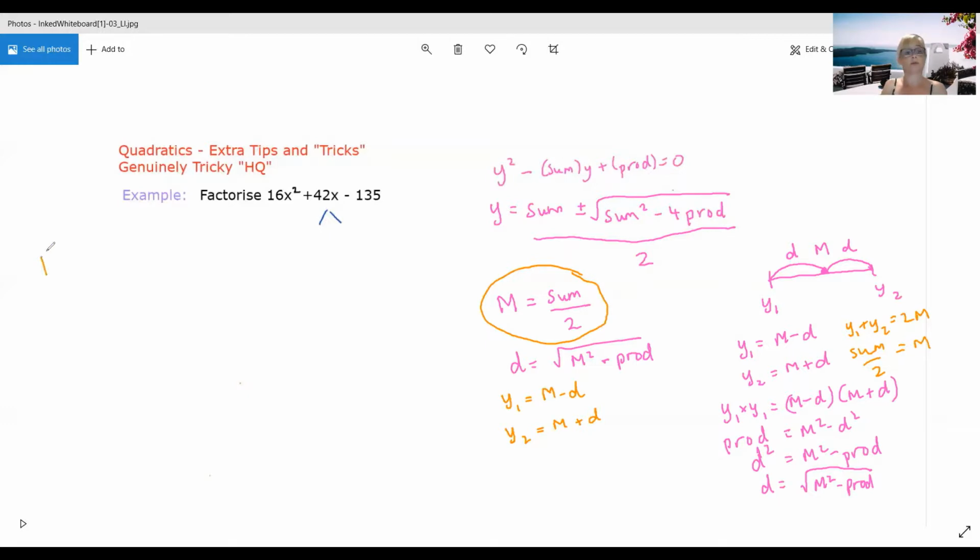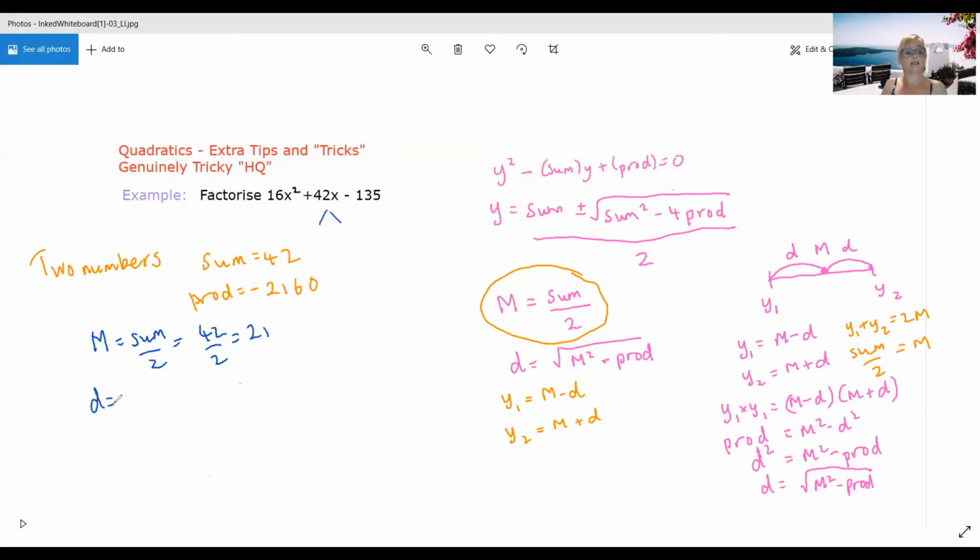All right, so let's actually do it for this example here. We said that we were looking for two numbers whose sum was 42 and whose product was negative 2,160. Now, obviously trying to do that by hand would be really tricky. We don't want to be doing that. So let's use these new rules and see how we go. m is going to be our sum divided by 2, which is 42 divided by 2, or 21.